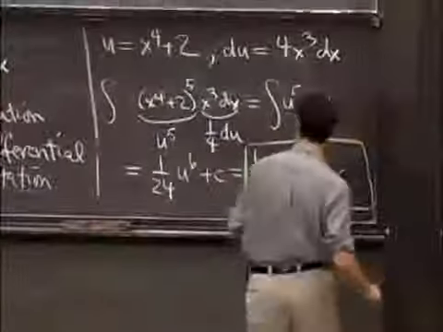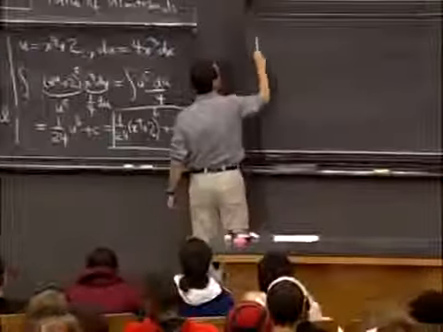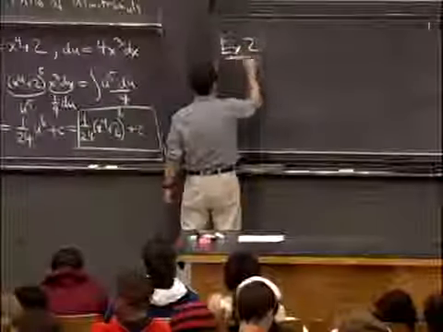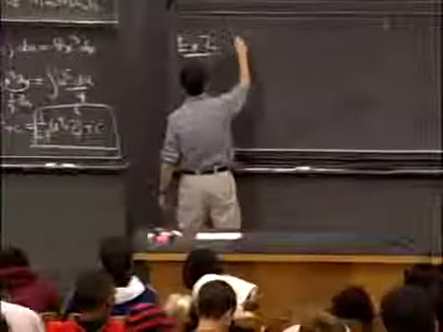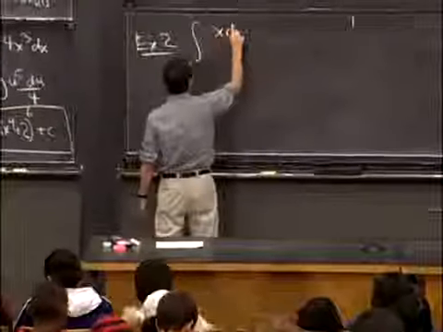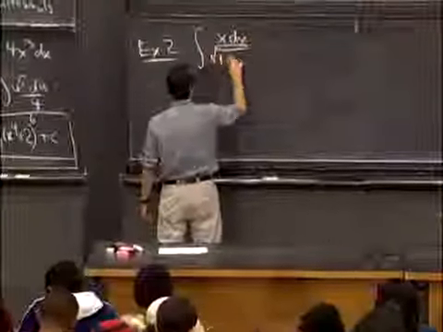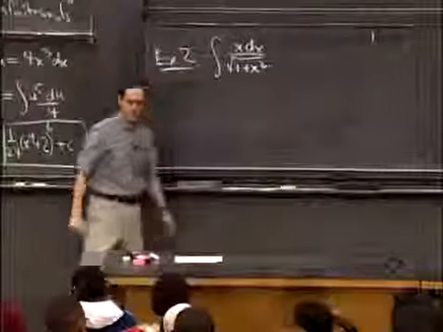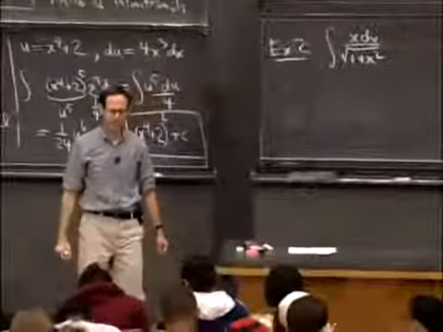Now, I'm going to do one more example and illustrate this method. Well, here's another example. The integral of x dx over the square root of 1 plus x squared.